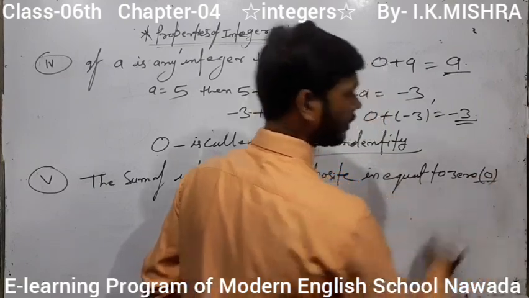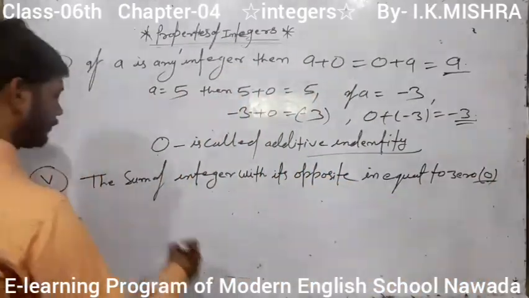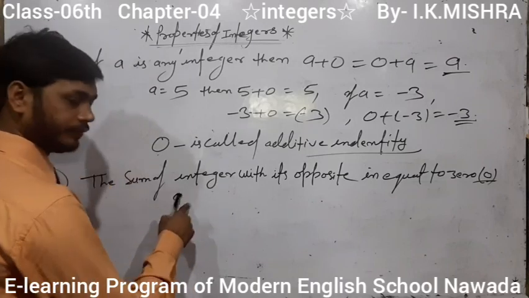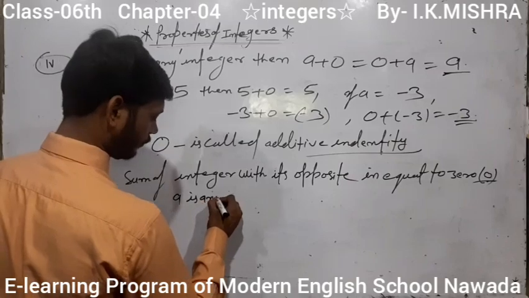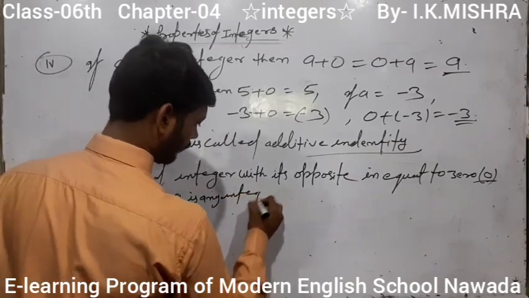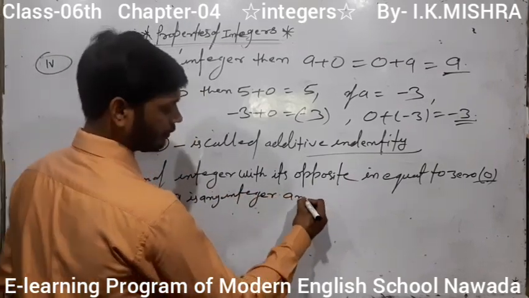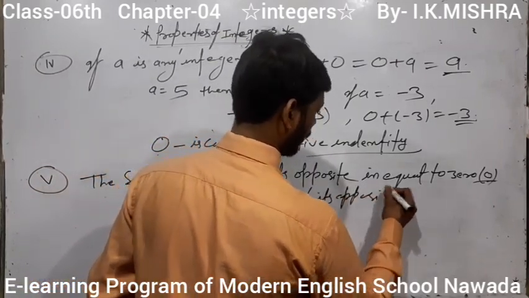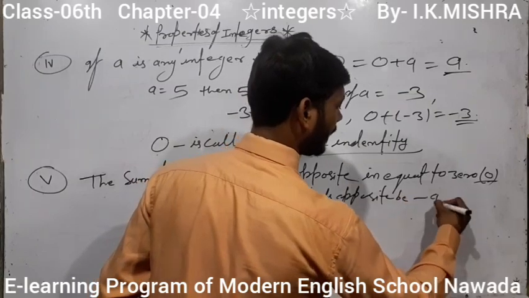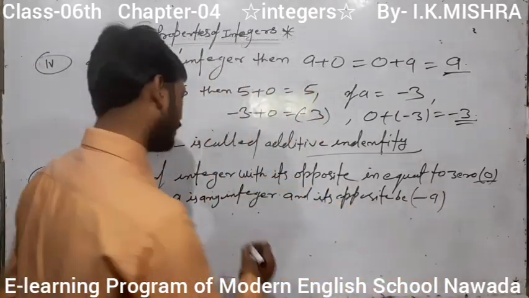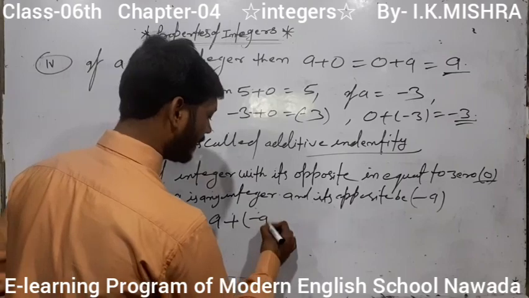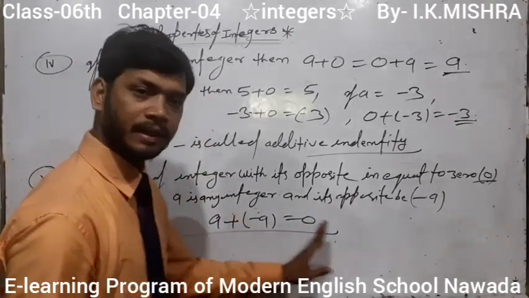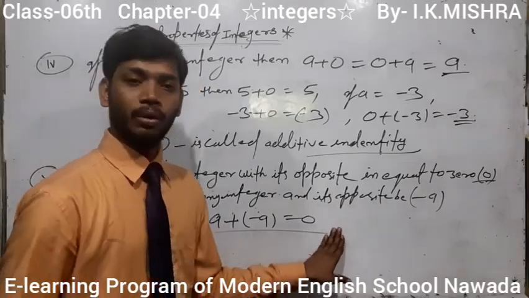That means, suppose here A is any integer and its opposite is minus A. So friends, A plus minus A is equal to 0.